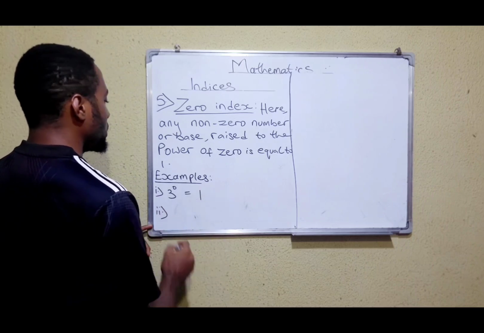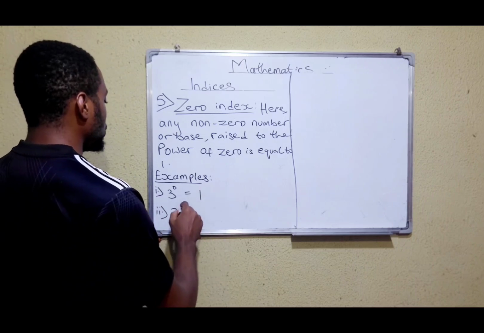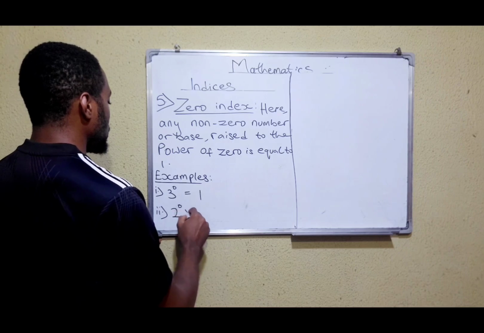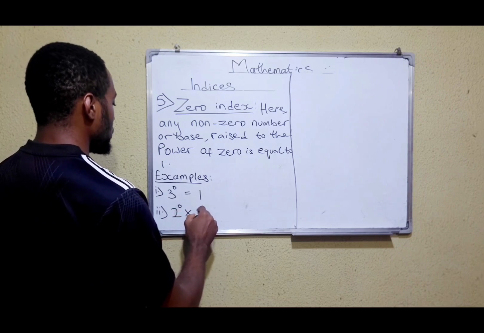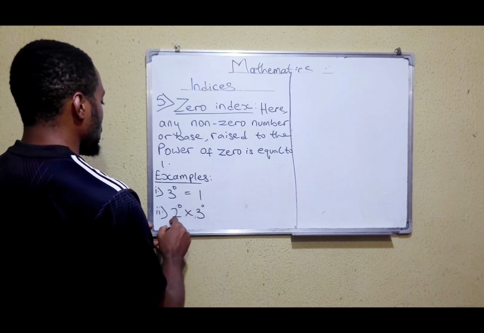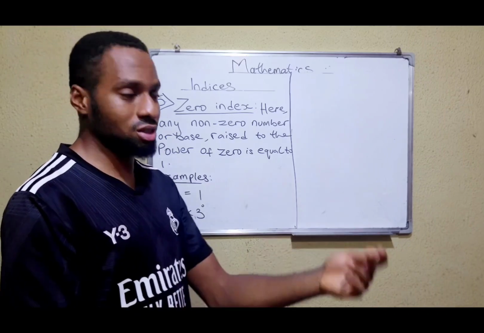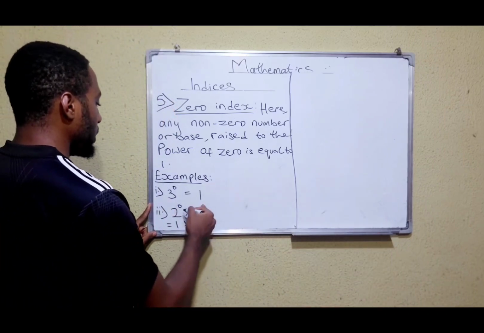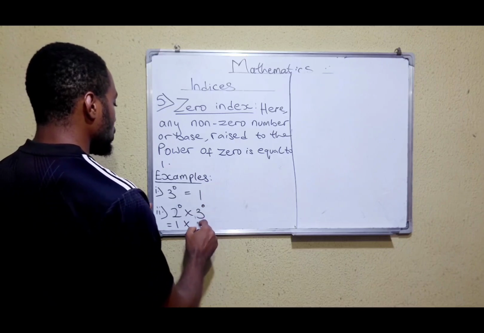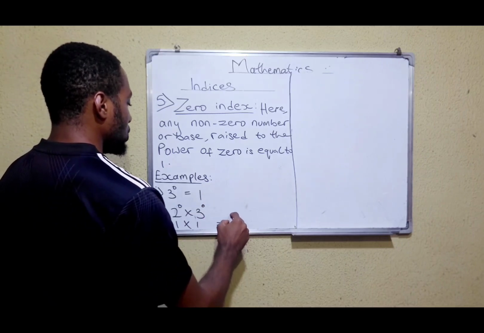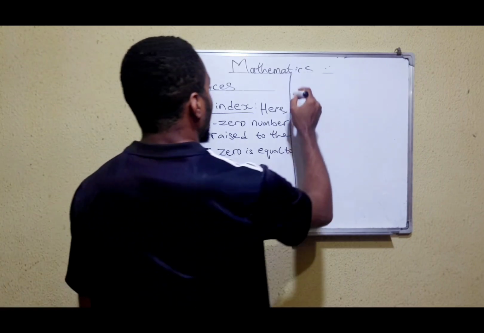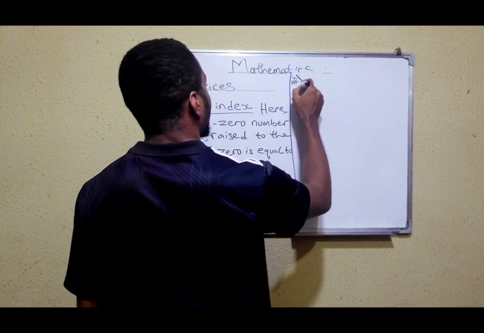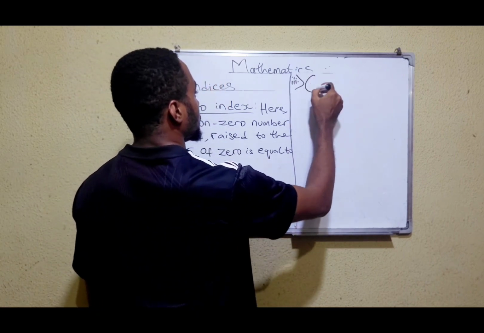Let's assume we have an example like this: 2 raised to the power 0 times 3 raised to the power 0. How would you solve this? It is still the same process. 2 raised to the power 0 is 1, multiplied by 3 raised to the power 0, which is also 1. Therefore, our answer is equal to 1.